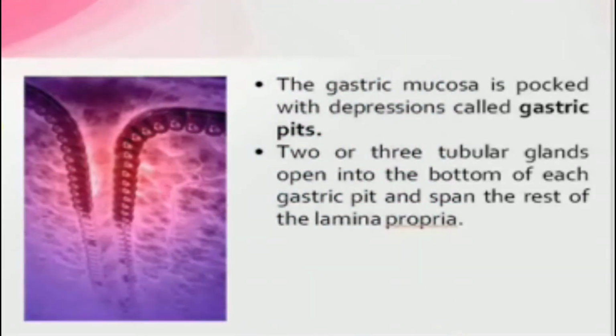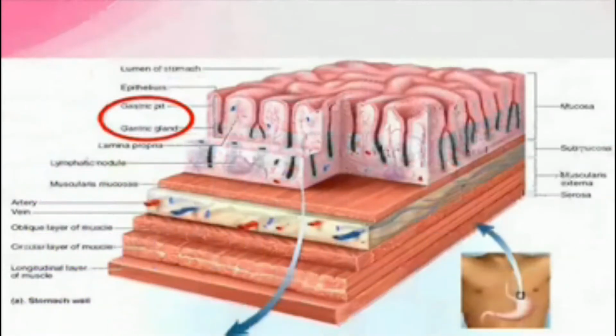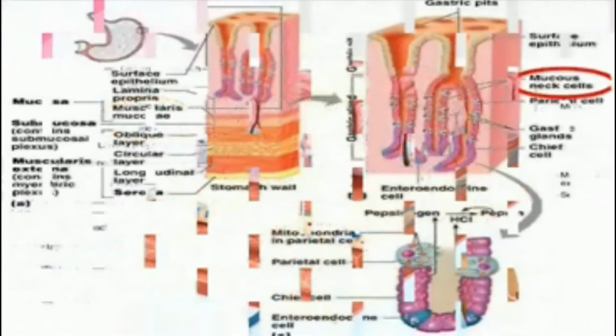The gastric mucosa is pocked with depressions called gastric pits, lined with the same columnar epithelium as the mucosal surface. 2 or 3 tubular glands open into the bottom of each gastric pit and span the rest of the lamina propria. In the cardiac and pyloric regions, they are called cardiac glands and pyloric glands, respectively. In the rest of the stomach, they are called gastric glands.